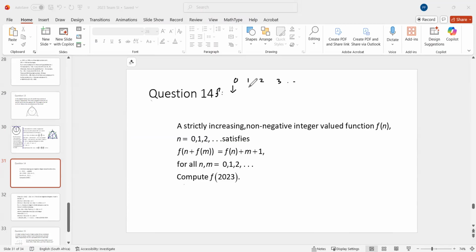It sends 0 into something, 1 into something, and so on. So this is really f(0), f(1), f(2), and so on. And the question is, what is f(2023), given that f satisfies this funny thing here?